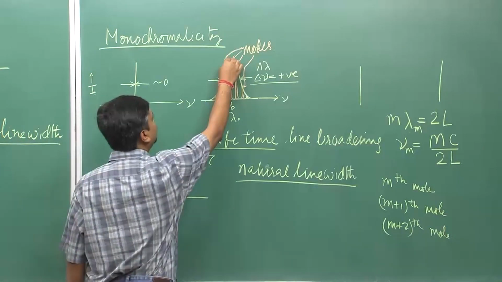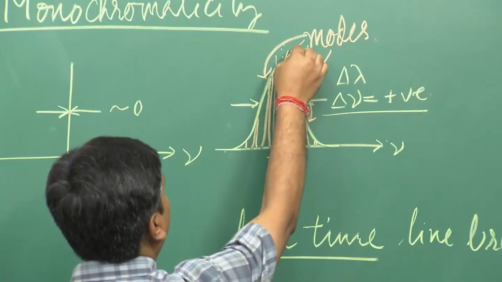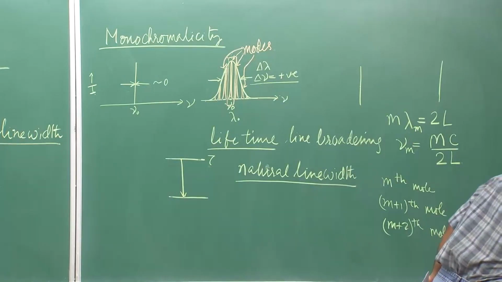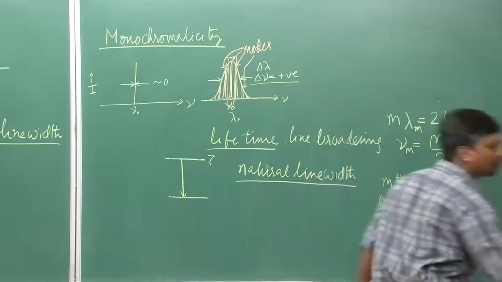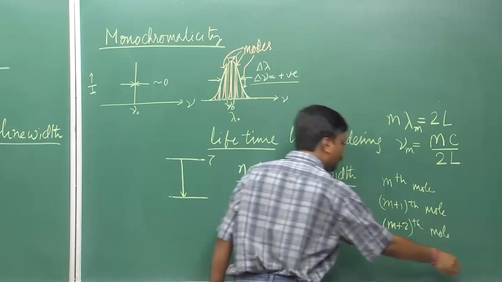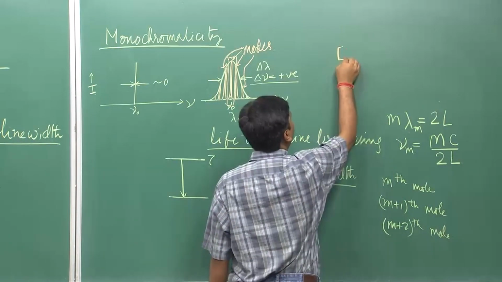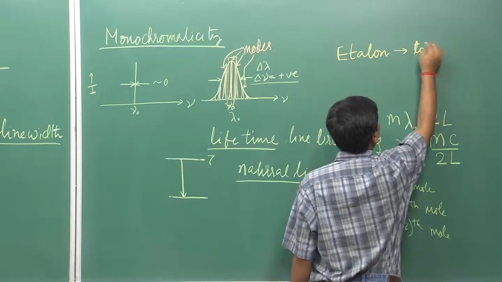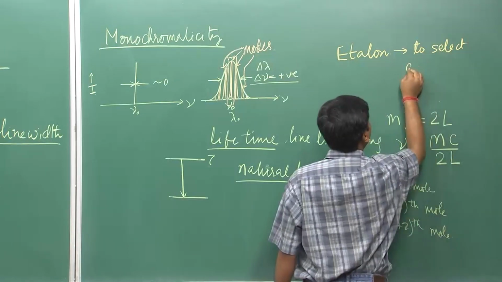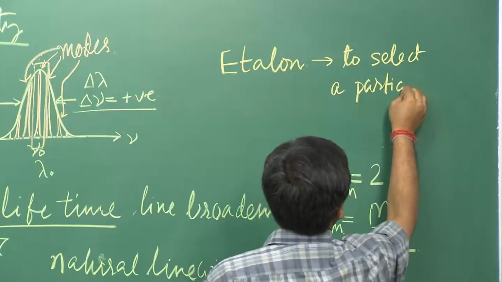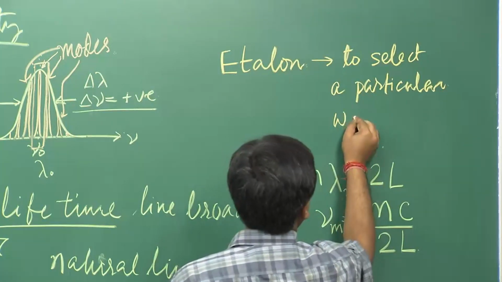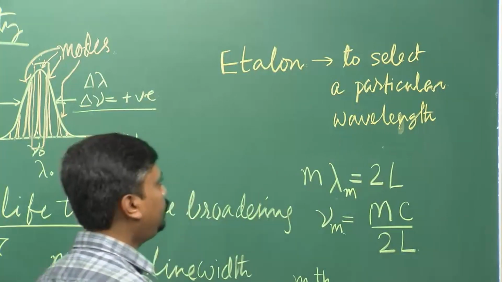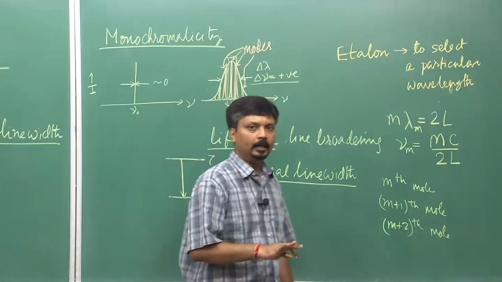If I want to select say this particular mode, I can do that by using something called an etalon, to select a particular mode, that is particular wavelength or frequency. So, this is done within the laser itself.